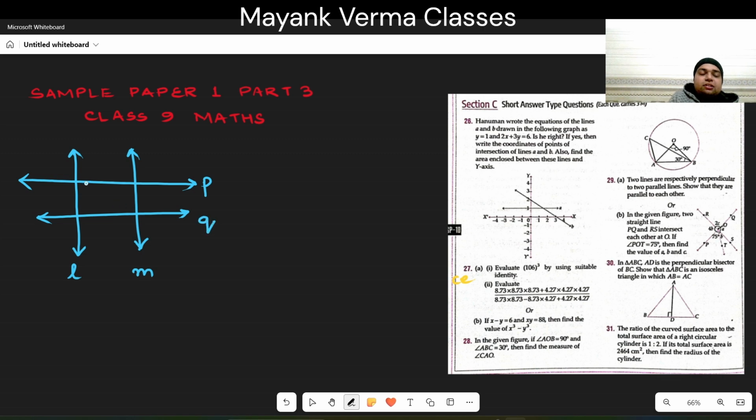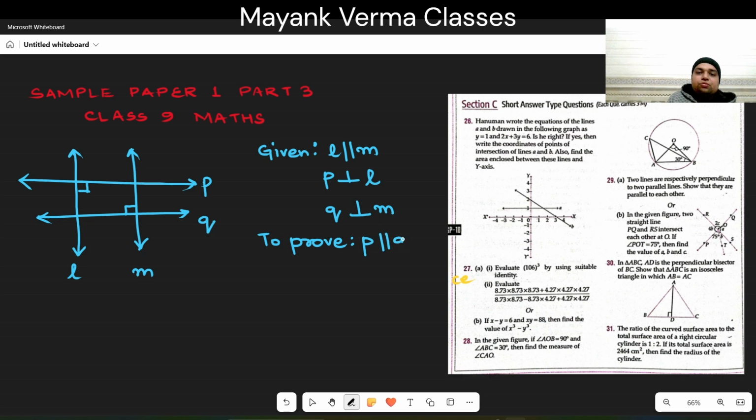So line P is perpendicular to L, and Q is perpendicular to M. What is given to us here is that L is parallel to M, then P is perpendicular to L and Q is perpendicular to M. And to prove, what we need to prove is that P is parallel to Q.